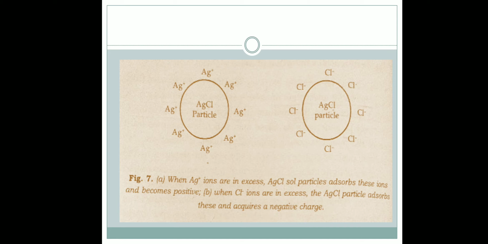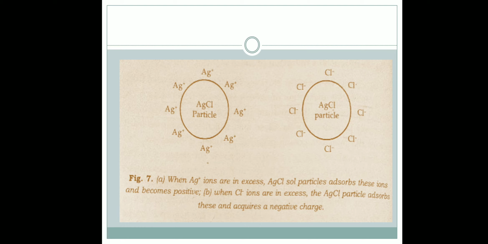It is not necessary that particles in a colloidal sol always carry the same kind of charge or adsorb the same ions on their surface. They may adsorb anions or cations, whichever are in excess, and acquire the corresponding charge.